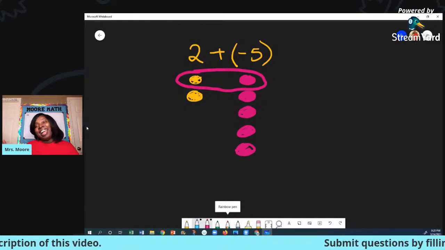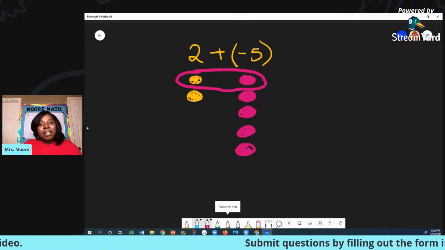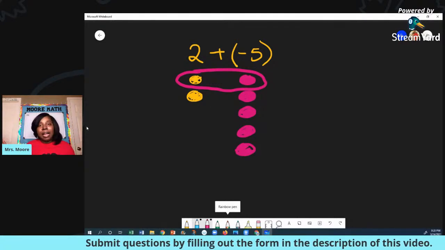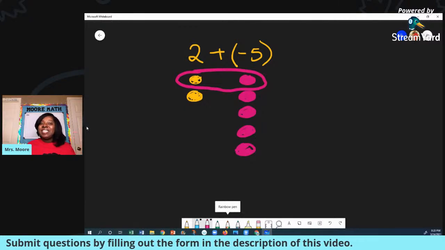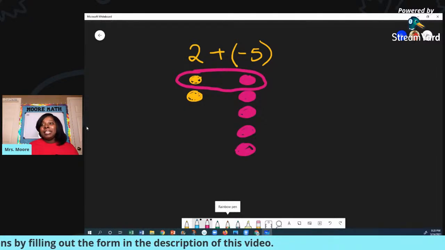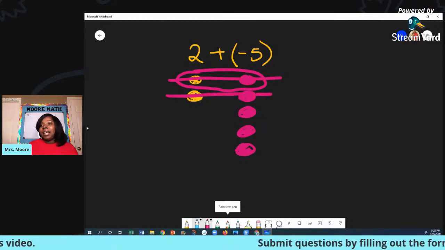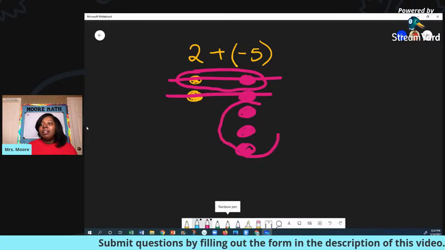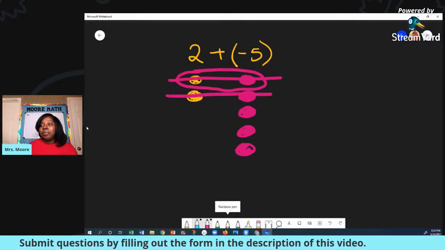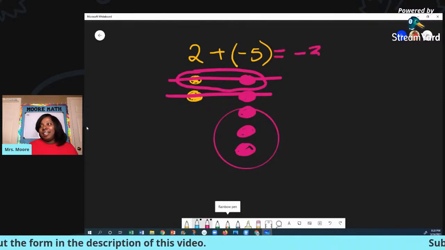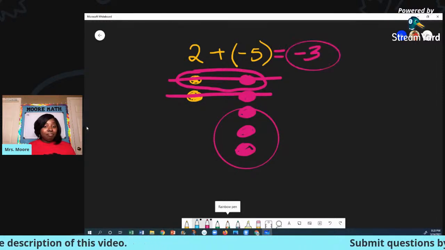If I move 1 step forward and take 1 step back, I'm where I started. So it cancels out. 1 positive and 1 negative is called a 0 pair. Another positive and negative, 0. So what am I left with? I'm left with 3 negatives. Here we go, -3.